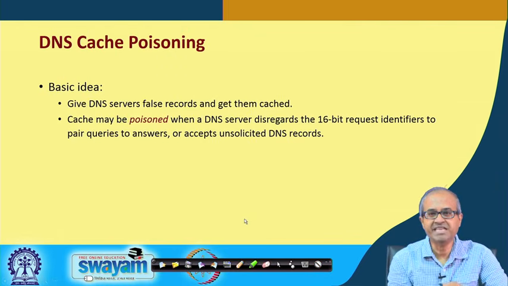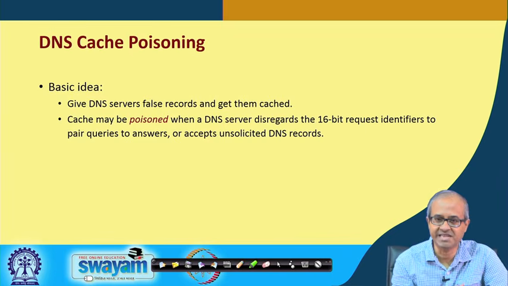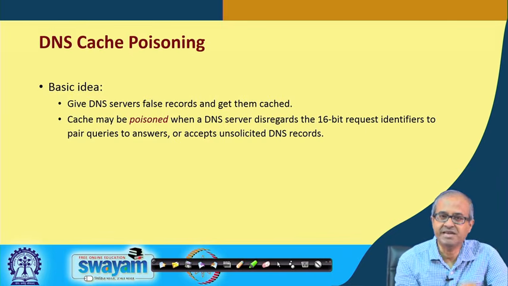Now, DNS cache poisoning is a kind of attack, and this arises because we are using DNS caches, you are caching the requests. Basic idea is that, as I have said, whenever a DNS server receives some response, it puts it in a cache.